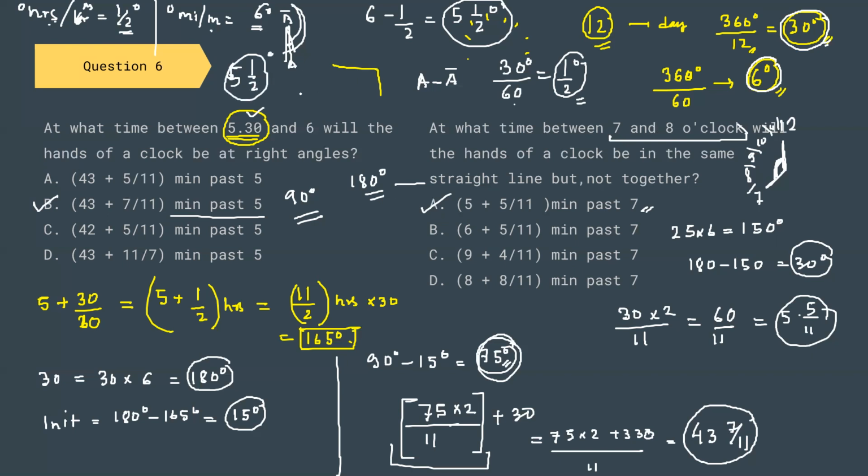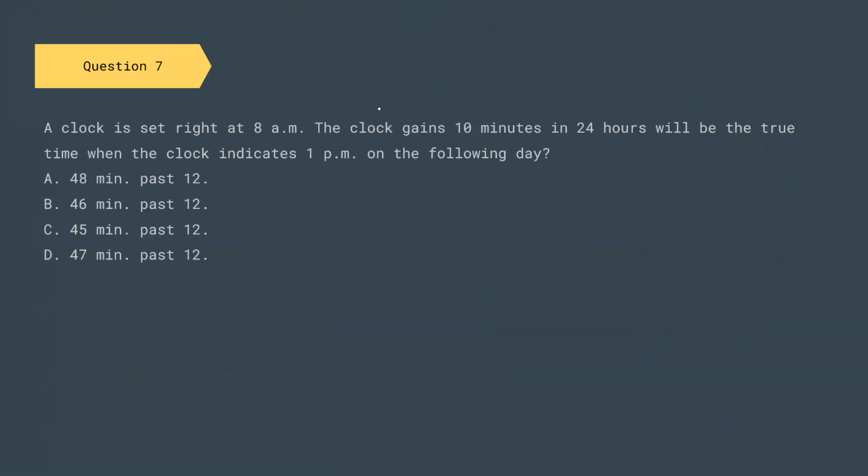Every hour the hour hand completes 30 degrees, and every minute the minute hand completes 6 degrees. These are the important facts for this kind of question, and using them we can solve these questions. Let us go to the next question.